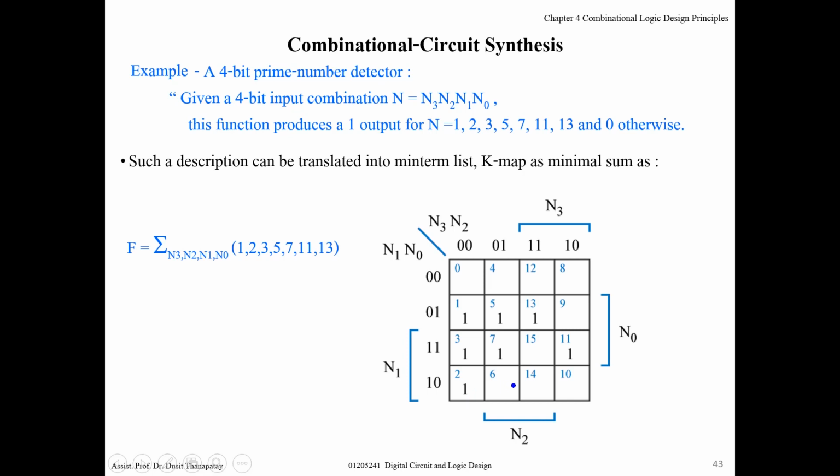At first, someone may select this one. This logic 1 is okay. It's okay, but not good enough. Now I want to find the minimal sum. That means each product term must have a smaller size, or a smaller number of input variables.